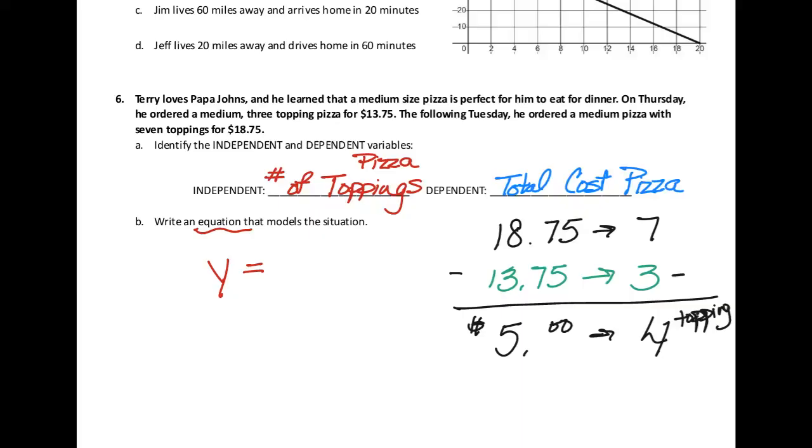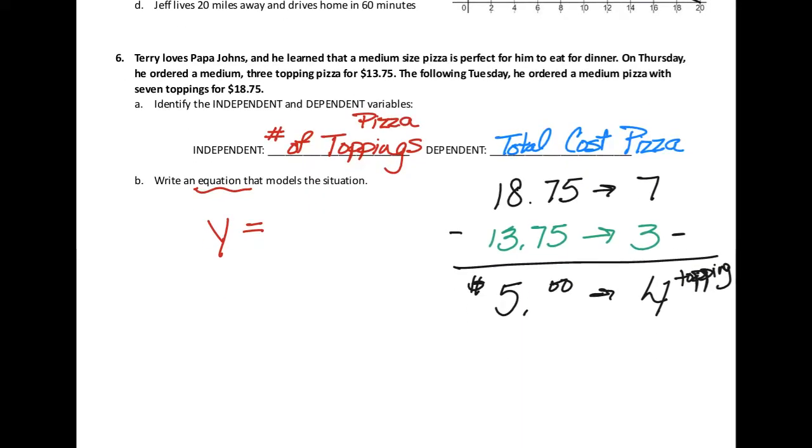So how much is that per topping? 1.25. Right. If you take 5 divided by 4, you get 1.25. And since we're talking about money, we're talking about $1.25. So $1.25 is the cost per topping.